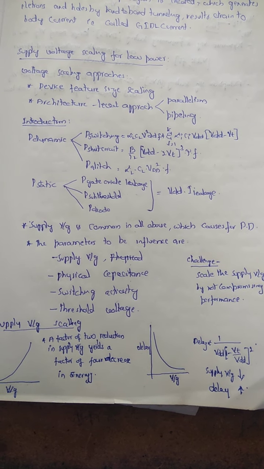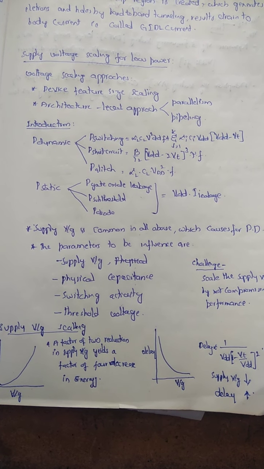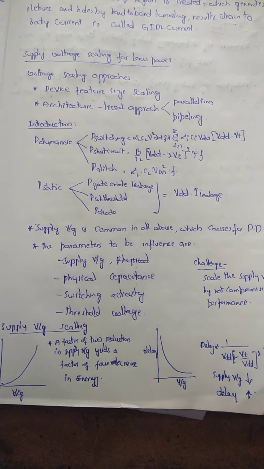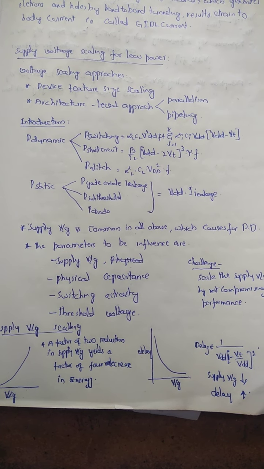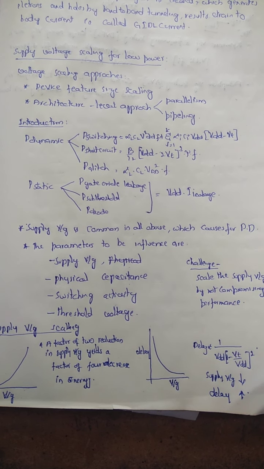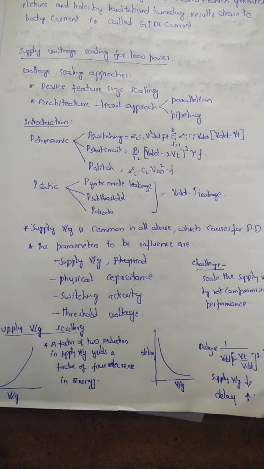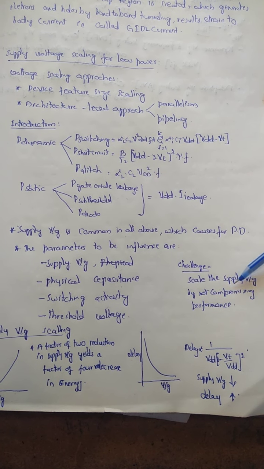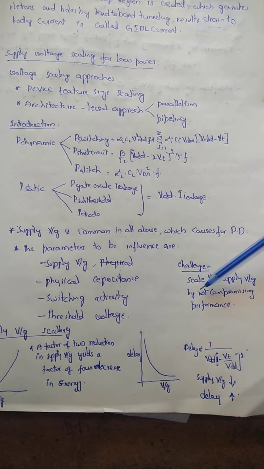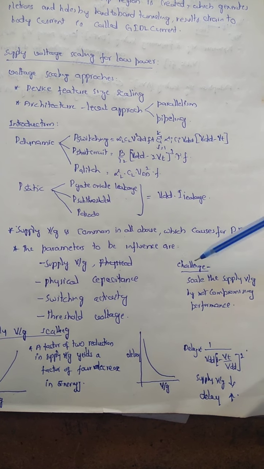Because the supply may be a battery or a regulated power supply, that is RPS, which we can't take down to 0.2 volts.